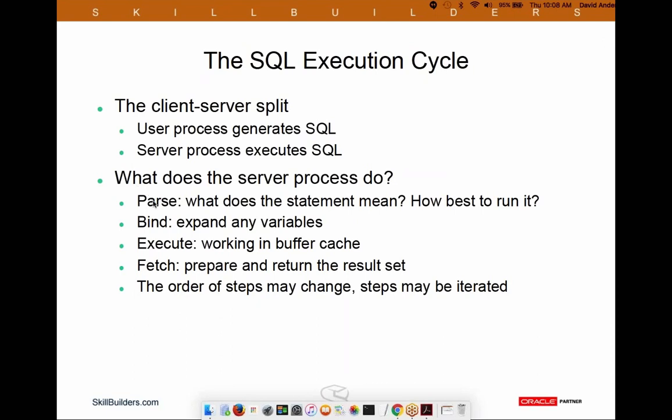There are those steps that I mentioned before: parse, bind, execute, and fetch. Now, sometimes the order of the steps can change, but this is a pretty common process. And we're going to talk about each one of these steps in a bit more detail in the next slides. Parse, bind, execute, and fetch. Every SQL statement has to go through these processes. Let's take a look at them in a bit more detail.